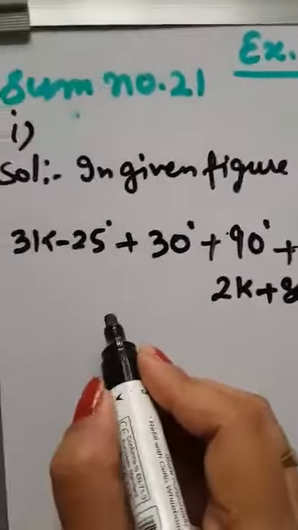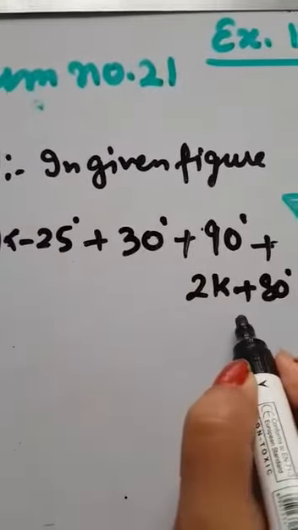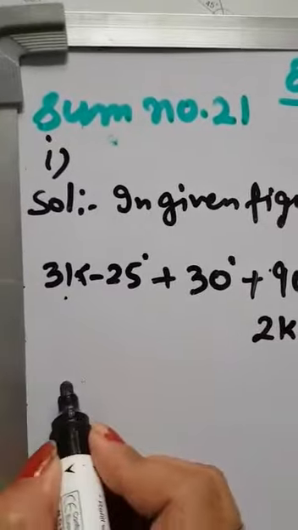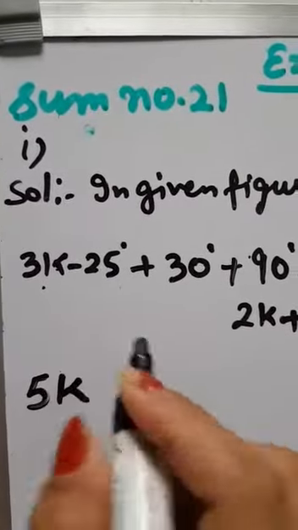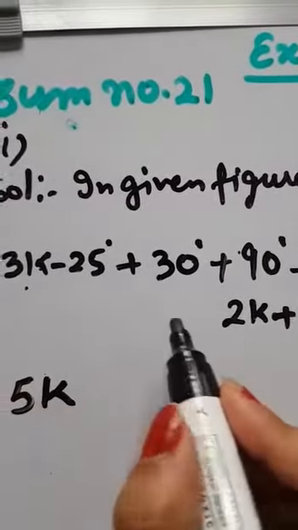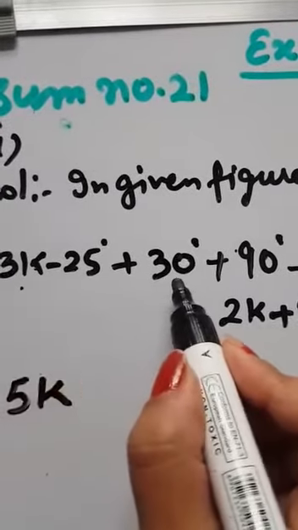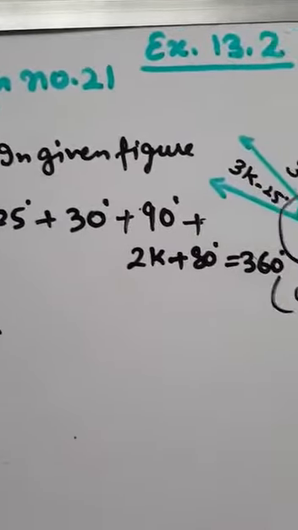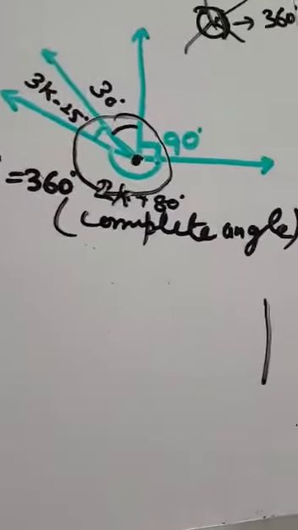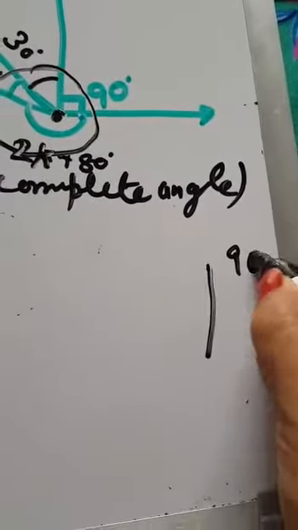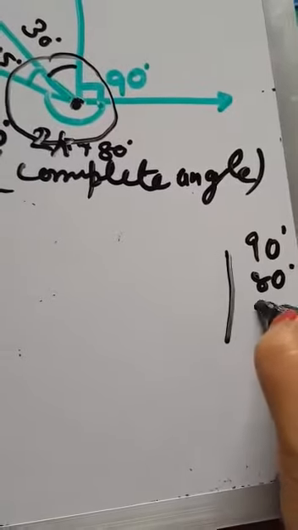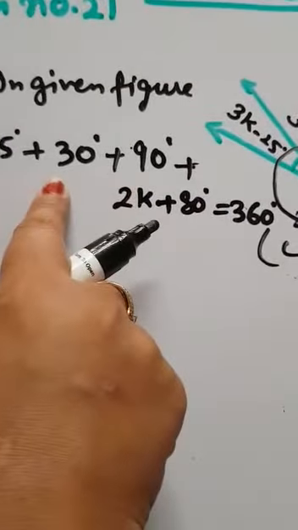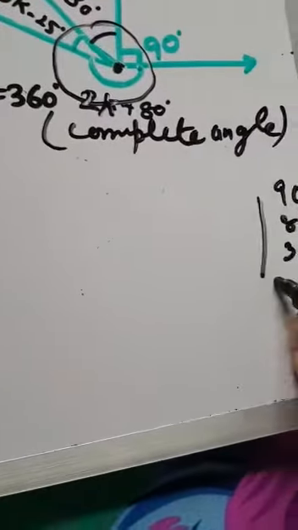So here 3k and 2k both are positive. It will give me 5k. 3k plus 2k is 5k, and 25 is negative, 30 is positive. 80, 90 and 30 all are positive, so you can add up all.